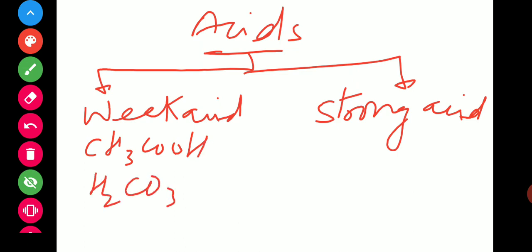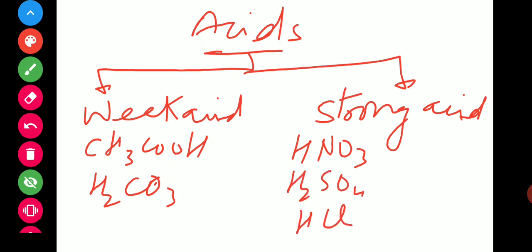They give very few hydrogen ions, so they are called weak acids. In the case of strong acids, that is HNO3 nitric acid, H2SO4 sulfuric acid, and HCl hydrochloric acid, they give more hydrogen ions compared to weak acids. So they are called strong acids.